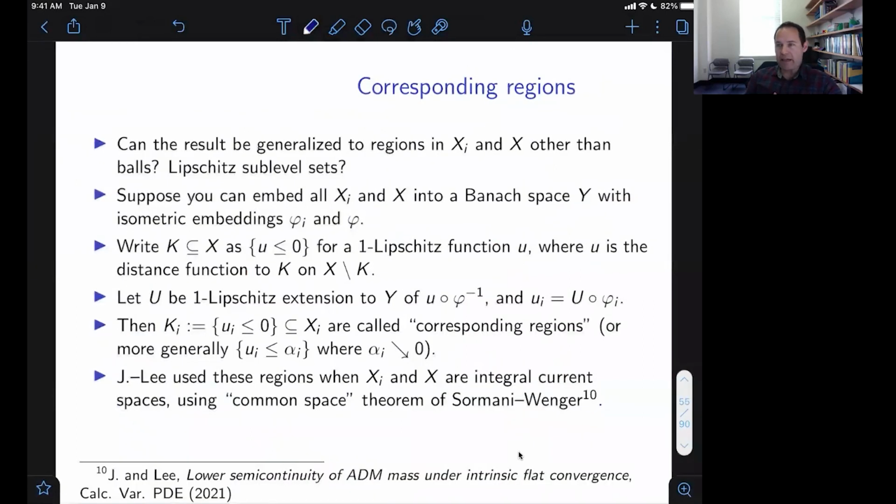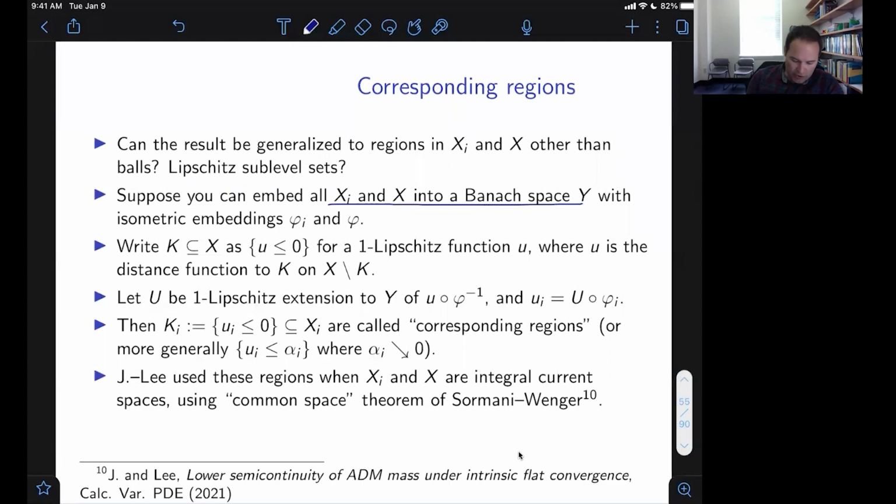Okay, so the second main result uses, instead of just balls, which are kind of limiting in that they're very specific sets, this second result is generalized so that you look at Lipschitz sublevel sets rather than just balls. Balls would be a special case of that. So assuming for the moment you can embed all your xi's and your x into a common Banach space with isometric embeddings, here's a way to take a region in your limit space and turn it into a sequence of regions in your converging spaces.